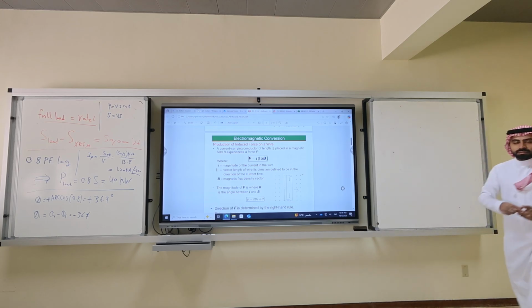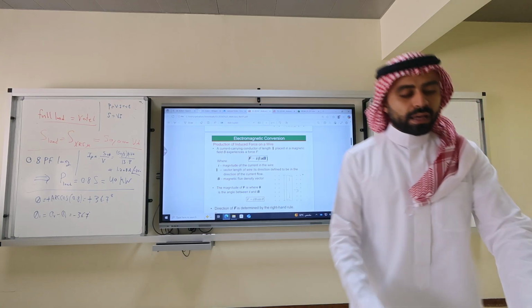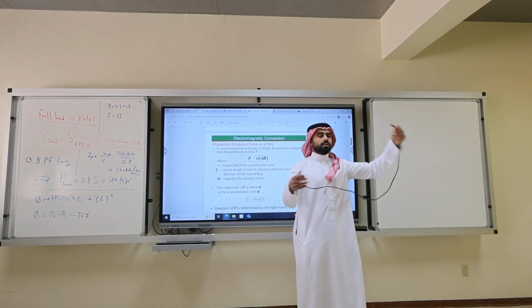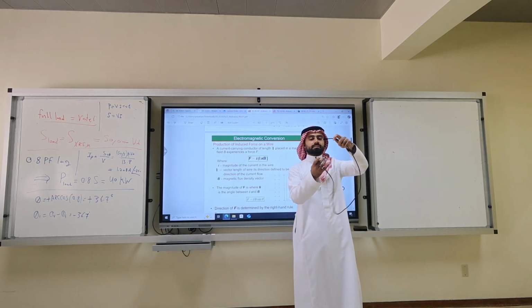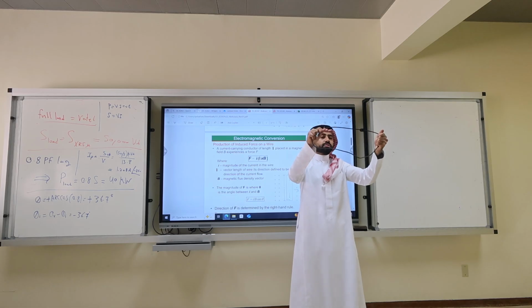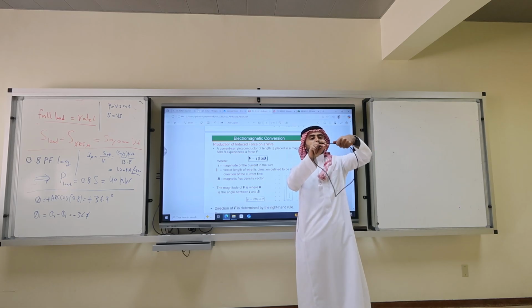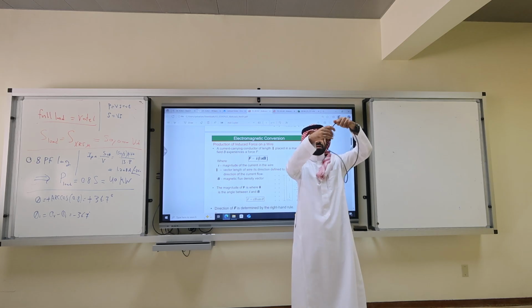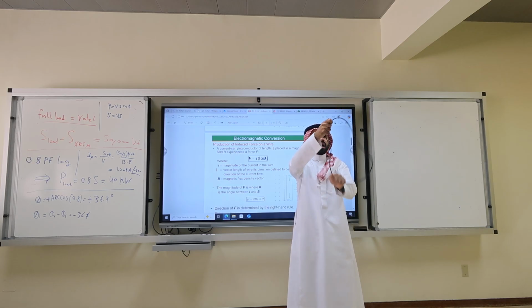But if I make it like this coil, this side would experience a force this way, say up, and this one down.